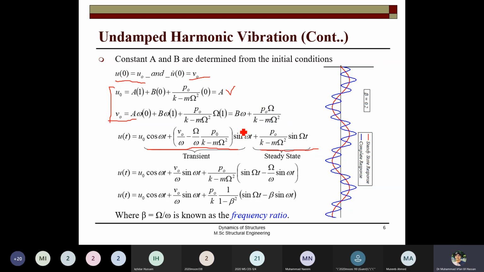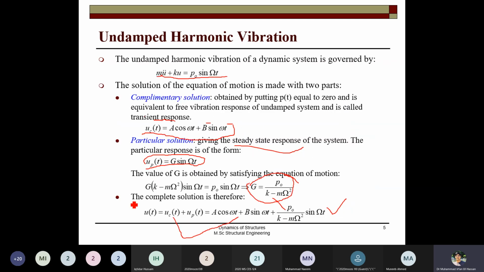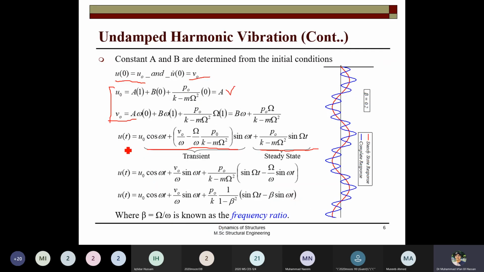So putting all the values of A and B in this u equation, we can get the value of u(t). This is u(t), the response of the system under the effect of the force without the presence of damping. Further simplifying it, we can collect the like terms together.